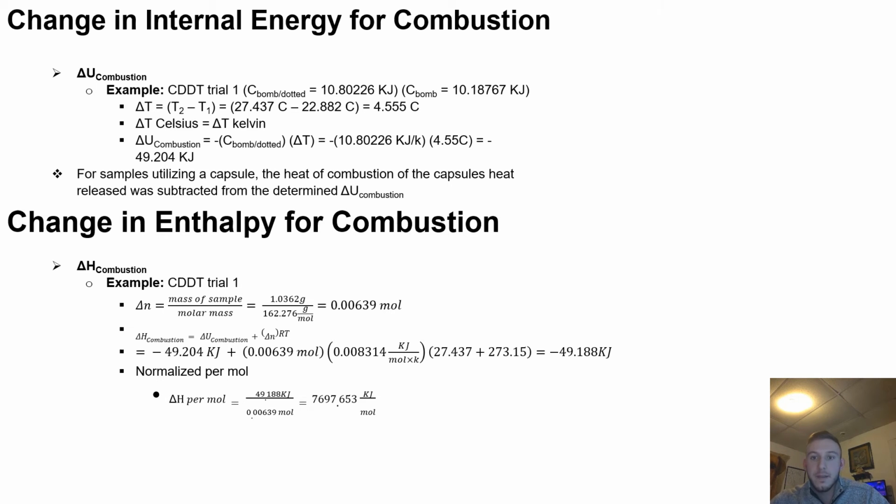We end up with negative 49.188 kilojoules, but because the change in enthalpy is very dependent on the amount of moles, we divide this number by the moles of gas that we had calculated prior, and we get 7,697.653 kilojoules per mole for the change in enthalpy of combustion of CDDT trial 1. And these calculations were performed identically for each different trial for each sample.